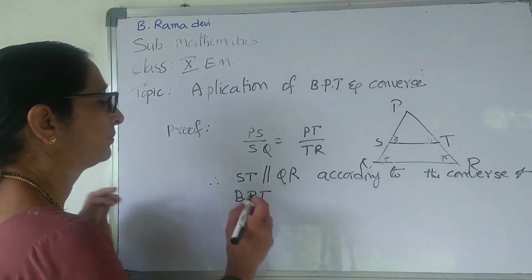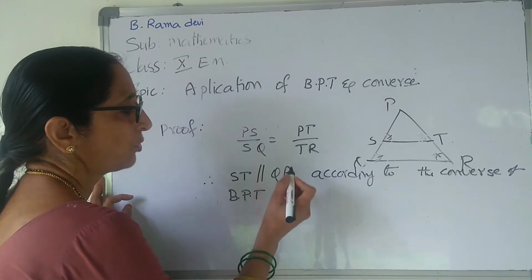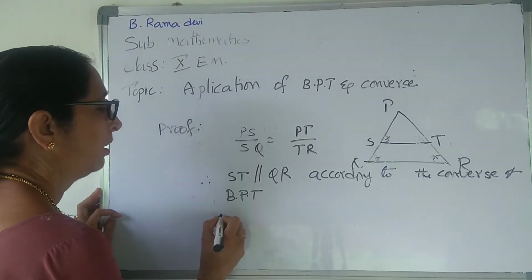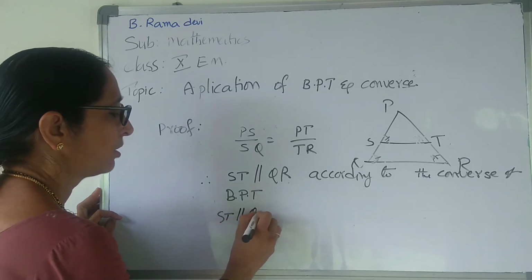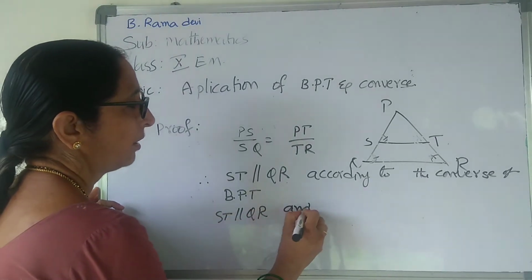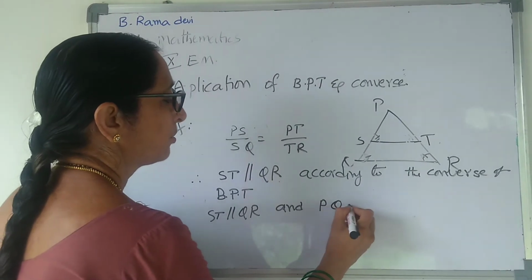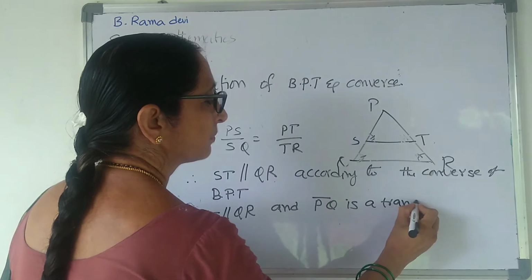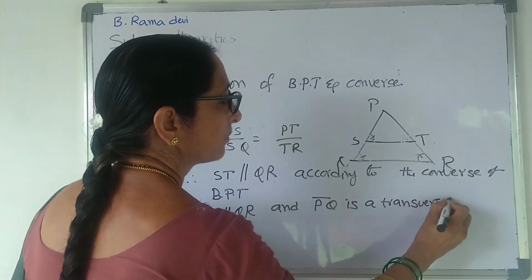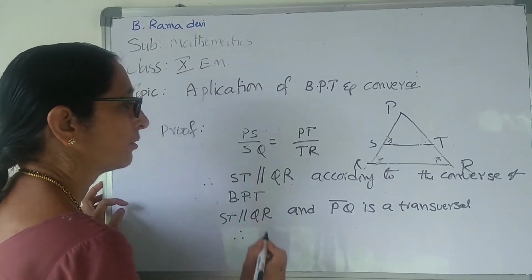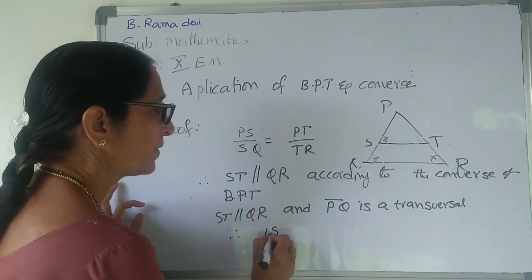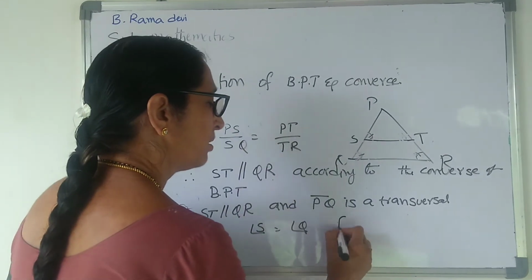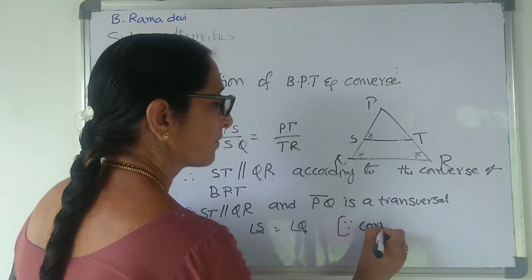And then ST is parallel to QR, therefore the corresponding angles. ST is parallel to QR and PQ is a transversal. Therefore, angle S is equal to angle Q because corresponding angles.